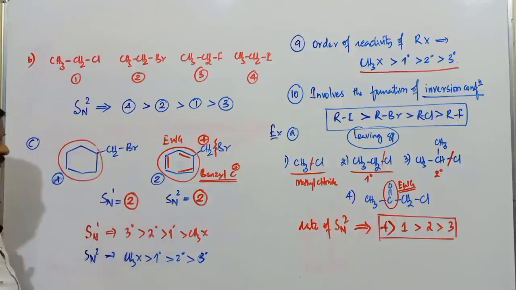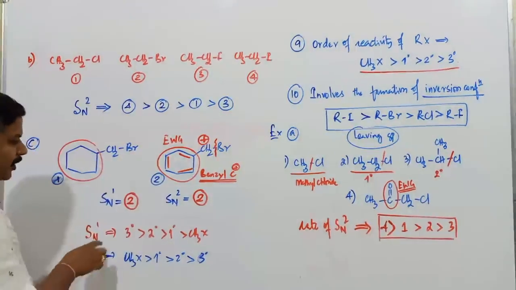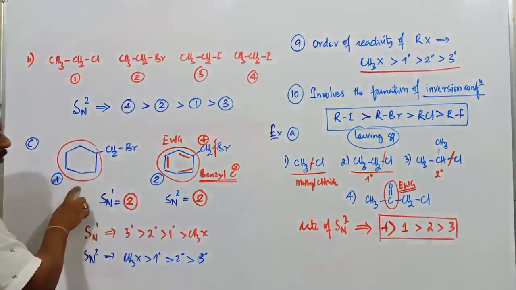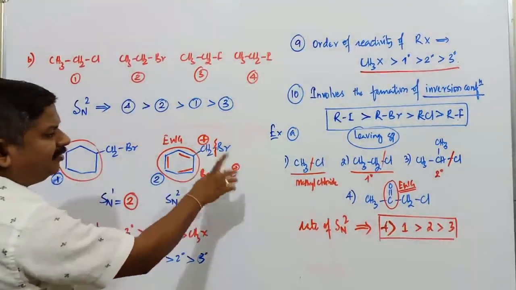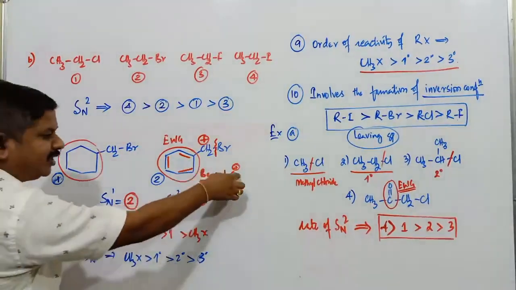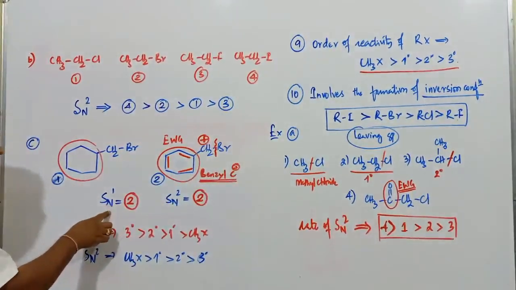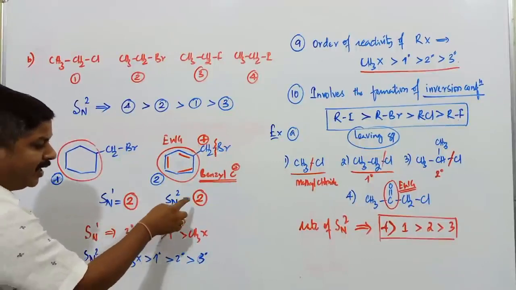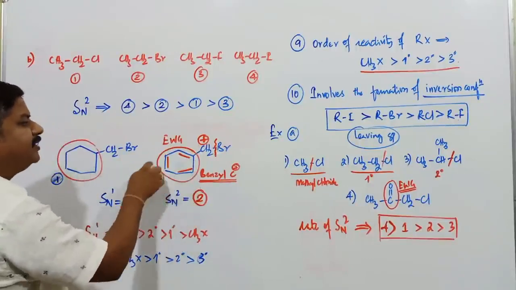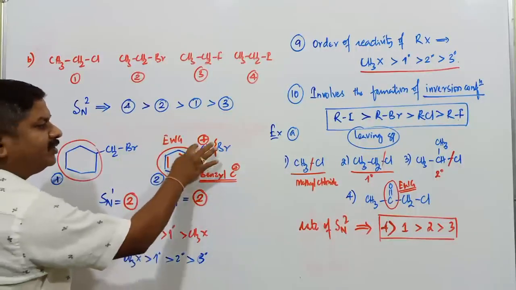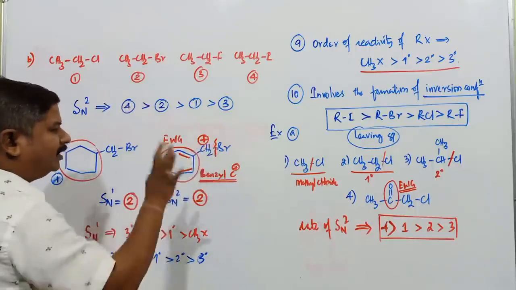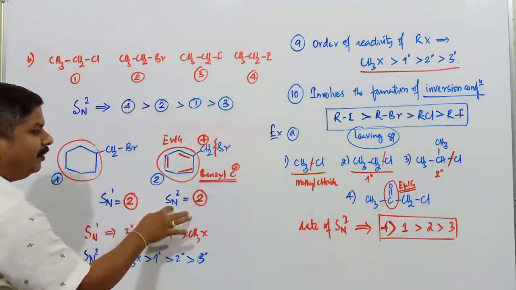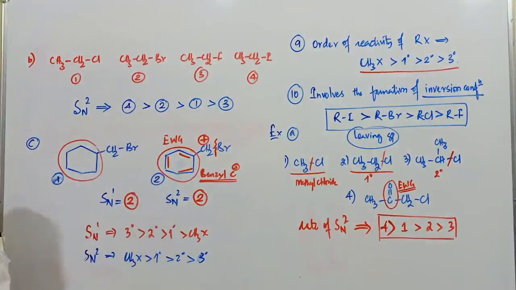Once again I will explain why it undergoes SN1 mechanism very easily when compared to this one, because of the formation of benzylic carbocation. That formation of carbocation takes place in SN1, right? Then why does it undergo even SN2 mechanism? This one undergoes SN2 mechanism because of the presence of an electron withdrawing group. It is not because of carbocation. It is mainly because of the electron withdrawing group.